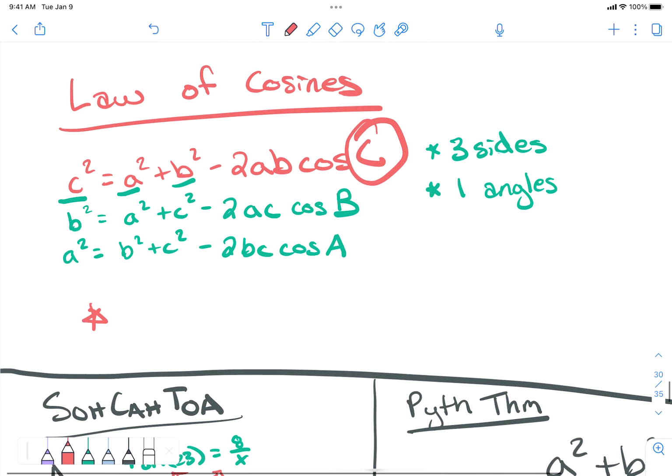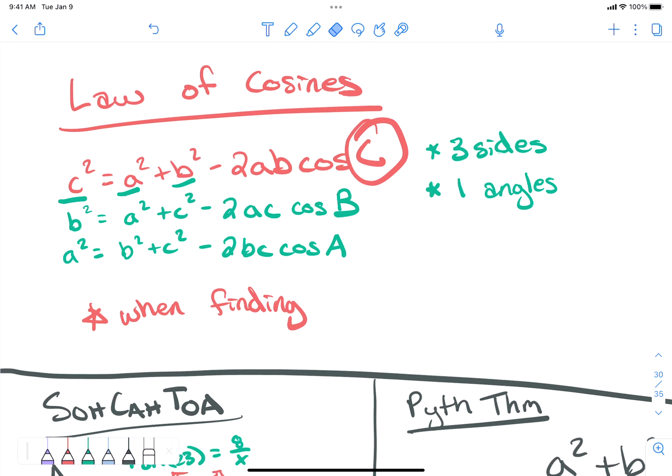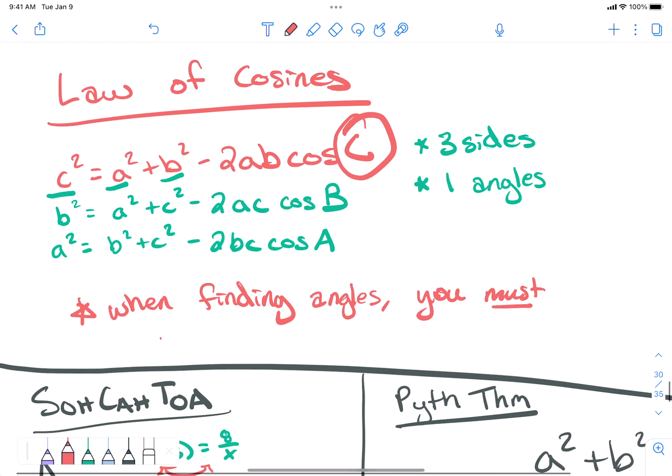So I'm going to put a star down here that says when finding angles, if you're solving for the capital letters, you will at some point need to use the inverse. You must use inverse sine or inverse cosine somewhere at some point.